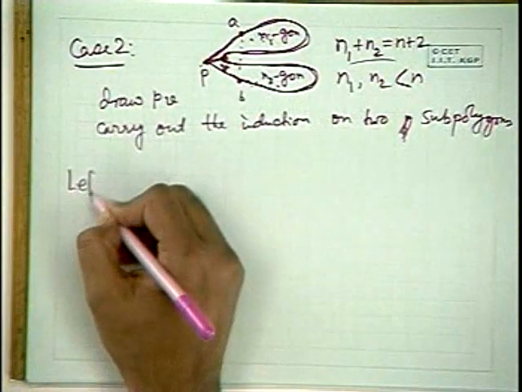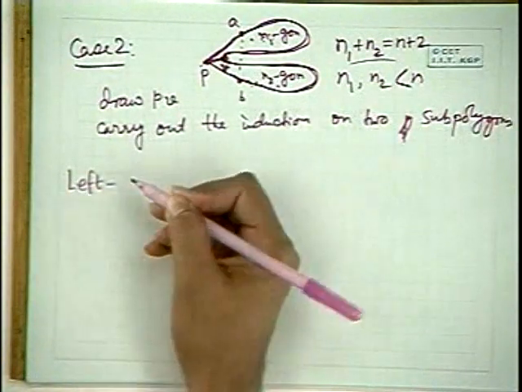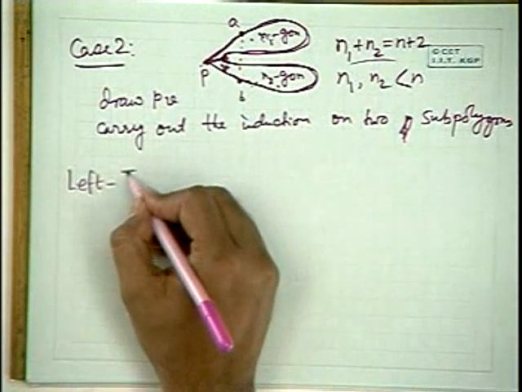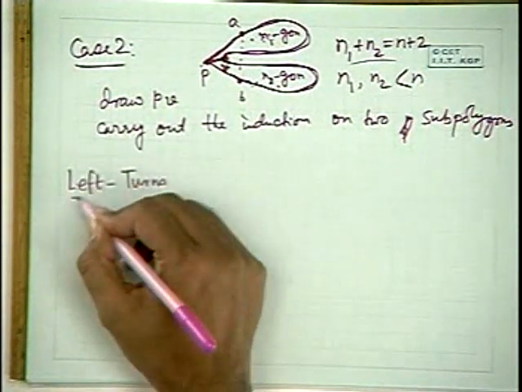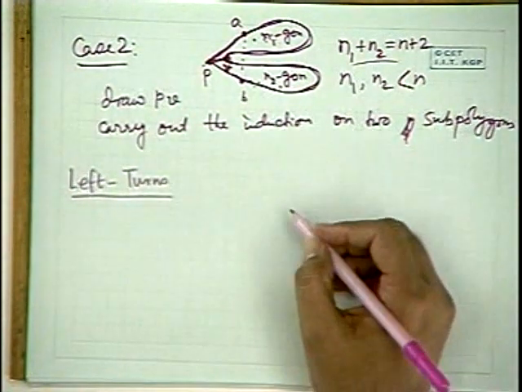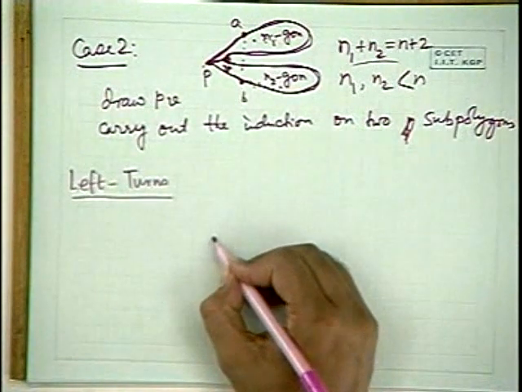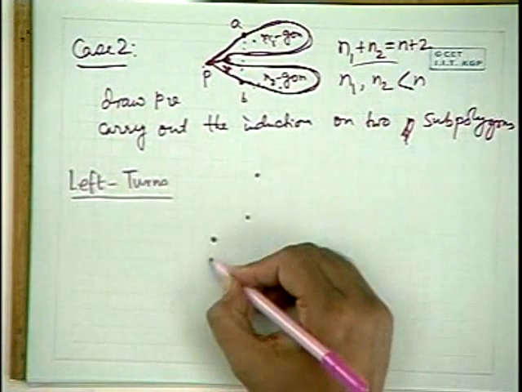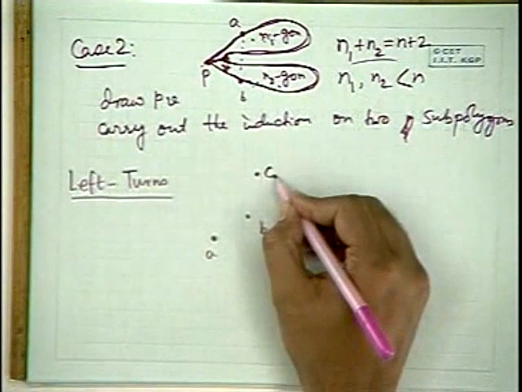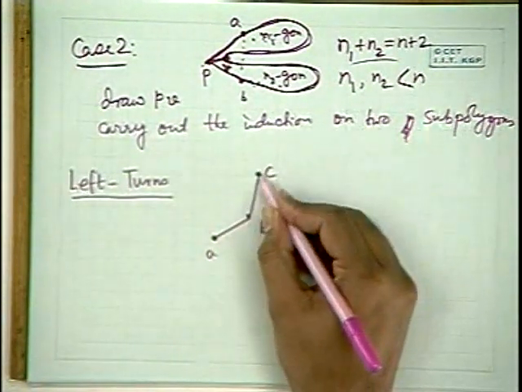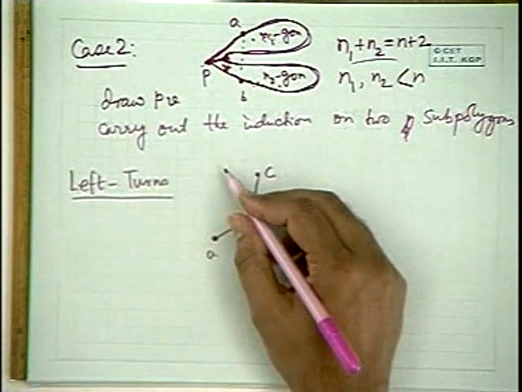Before I go into the detail of the algorithm, let me introduce some of the terms or tools which I will be using in the algorithm, which is called the left turn. What is the left turn? Suppose I have 3 vertices A, B, C, and I am traversing them in a counterclockwise manner.